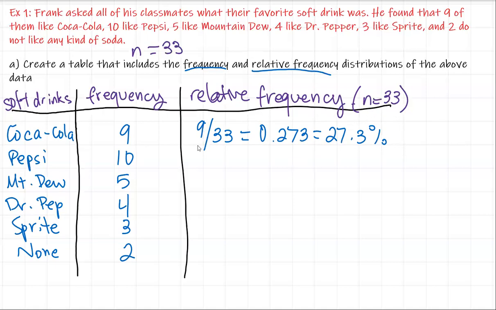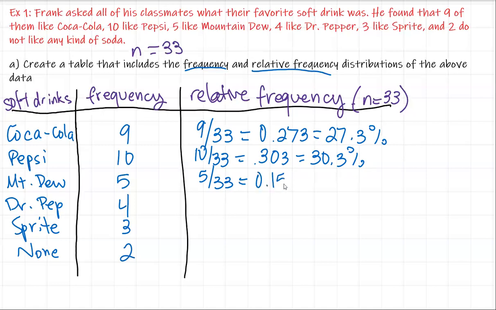We do the same thing with all the other ones. I'm just going to fill these out as we go. You probably already have most of these done, so you can fast forward if you need to. Like I said, you're just dividing each of these frequency values by n. That's going to be 15.2.